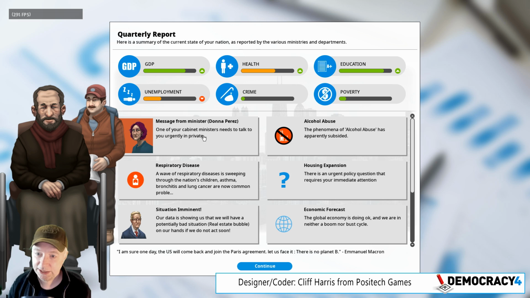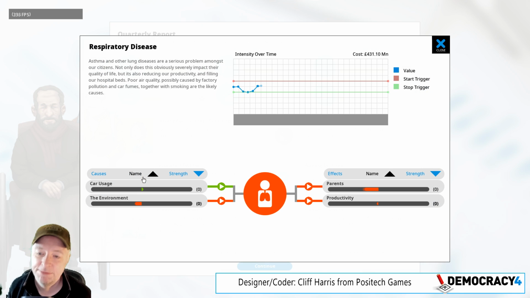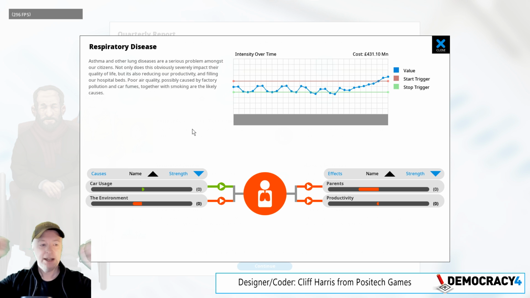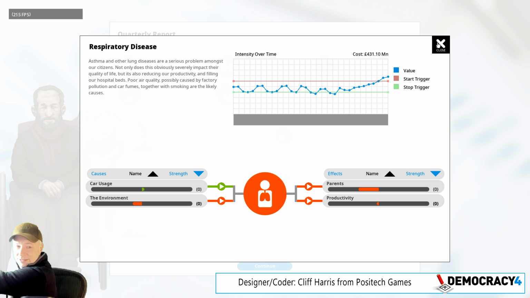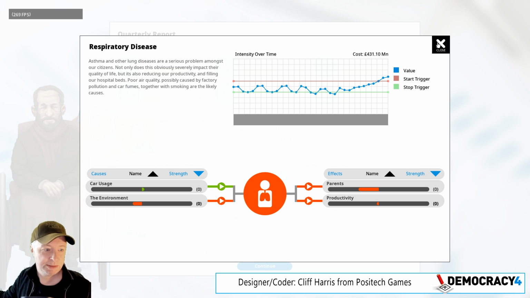Right, okay, a few things. Firstly, the asthma situation has been renamed to respiratory disease, partly because I'm making this game in the middle of this virus COVID-19 thing, and asthma was just kind of one thing. I'm not saying it's not a serious problem, obviously, but I want to represent all kinds of lung problems that you might get from various types of pollution.